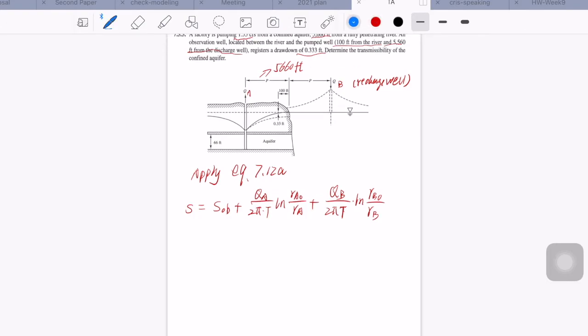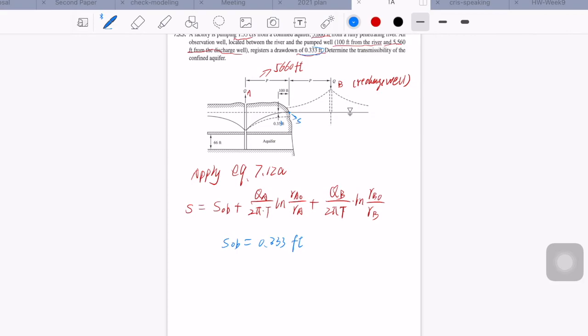And we know the observation well in this case had a drawdown of 0.333 feet. So we know the SOB should be equal to 0.333 feet. And we also know that the drawdown at the river boundary should be equal to 0.